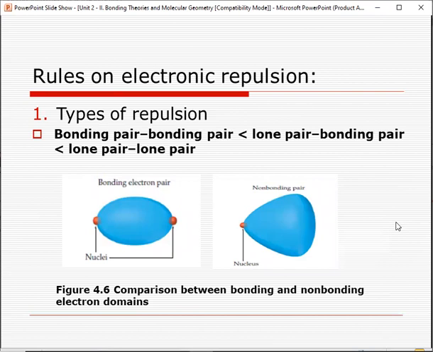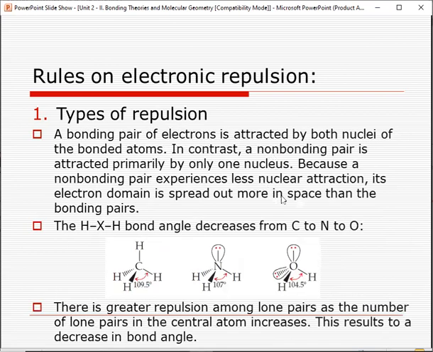Rules on electronic repulsion. First is the type of repulsion. As mentioned earlier, bond pair-bond pair repulsion has a lesser degree of repulsion compared to lone pair repulsion. A bonding pair of electrons is attracted by both nuclei of the bonded atoms.